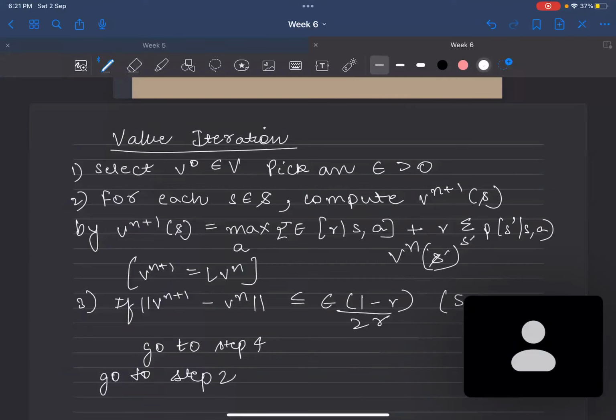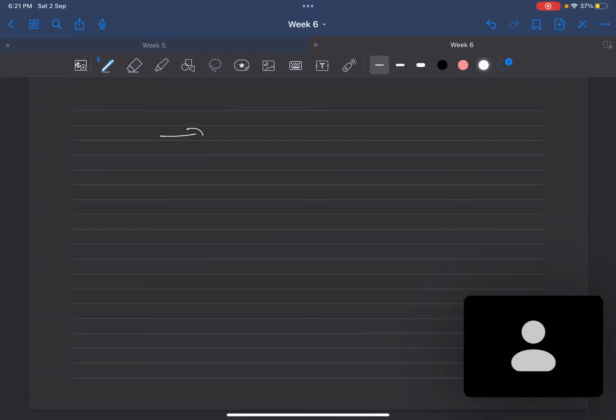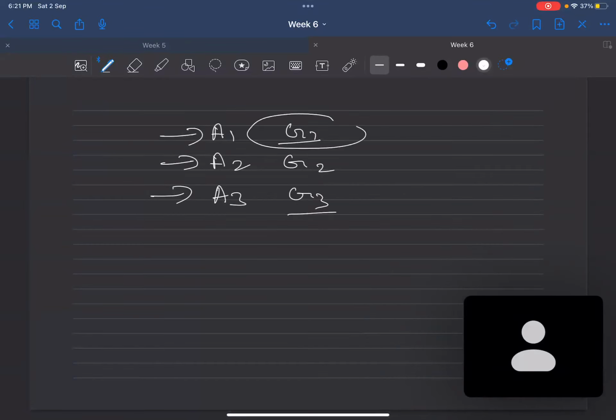Okay, I'll tell you. Suppose I have three actions A1, A2, A3. I'll calculate the expected return of all of them, and then I'll check which one is the maximum one.